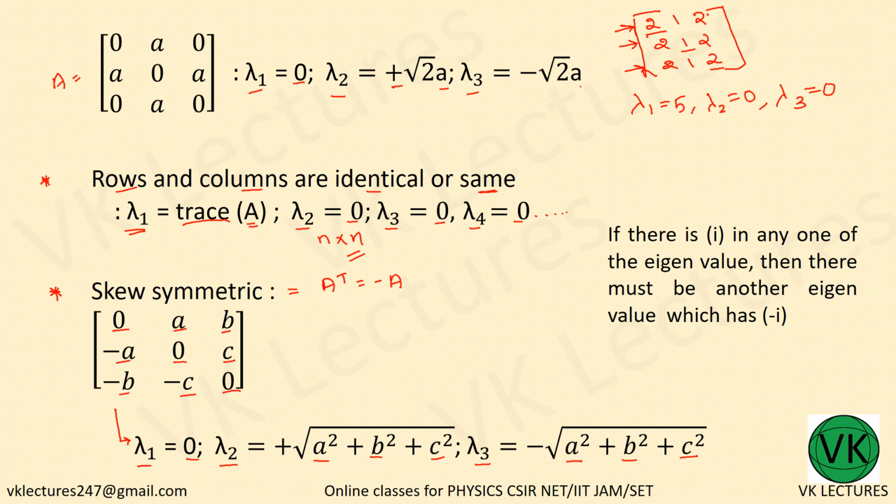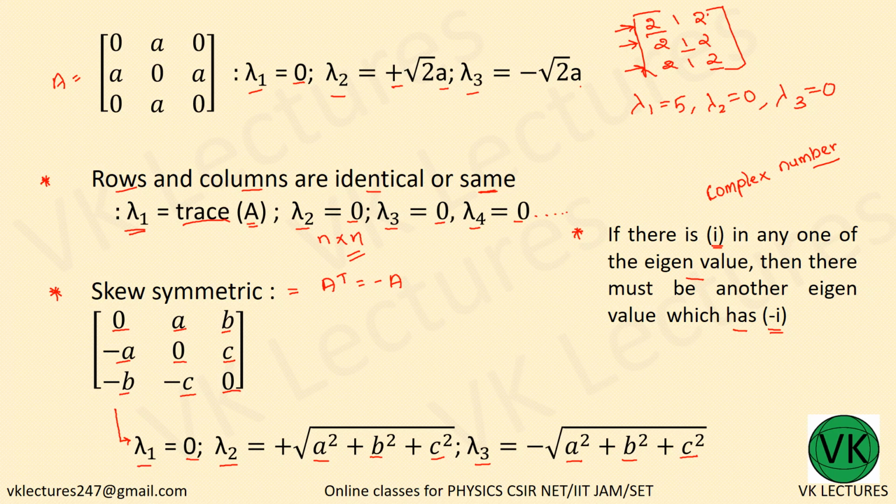This is a note: if there is i, that is a complex number, in the eigenvalues, then there must be another eigenvalue which has minus i.